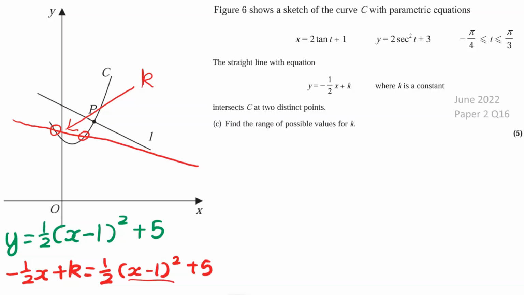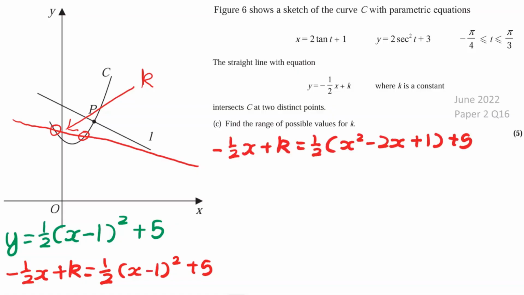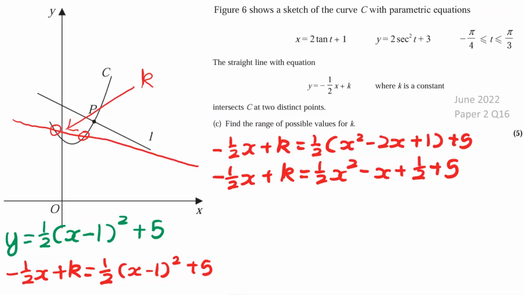Okay, so we have this (x minus 1) to the power of 2, which if we expand is equal to x squared minus 2x plus 1, and then we can expand this because we have this half in front of the whole bracket, so this is going to be half x squared minus x plus a half, and then a half plus 5 is equal to 11 over 2.